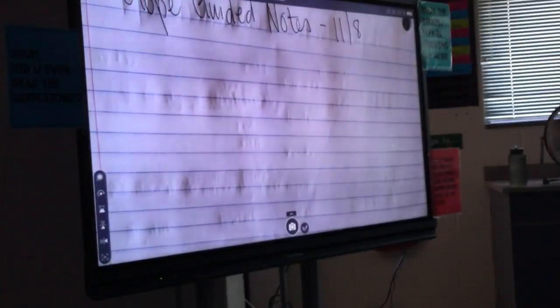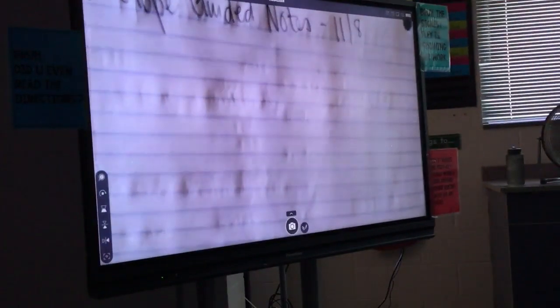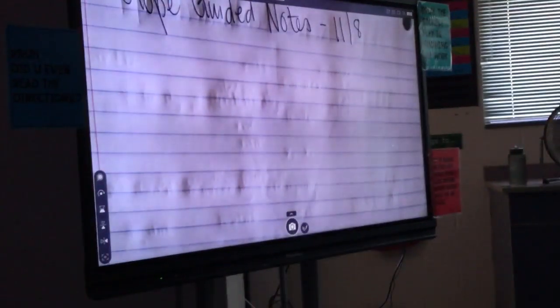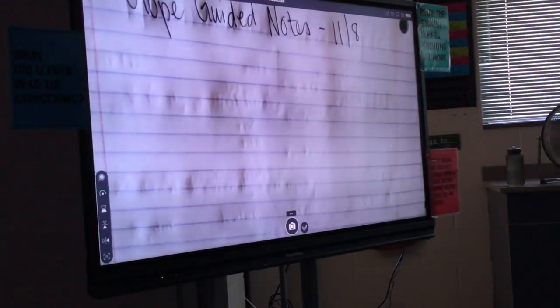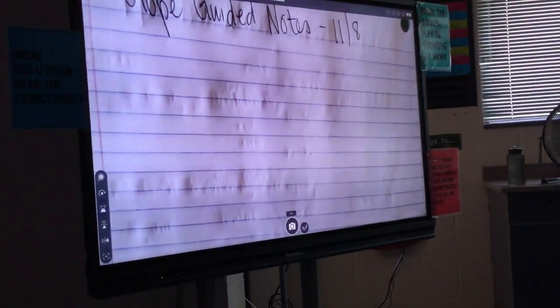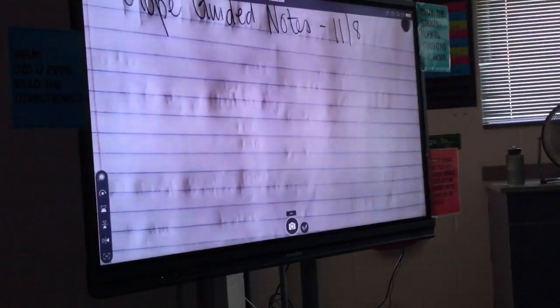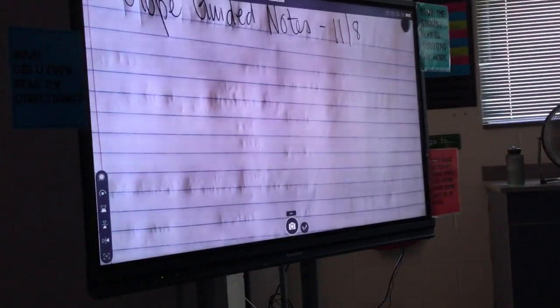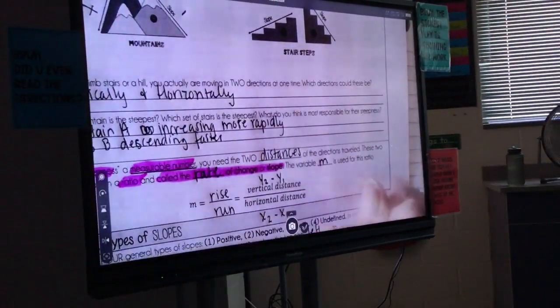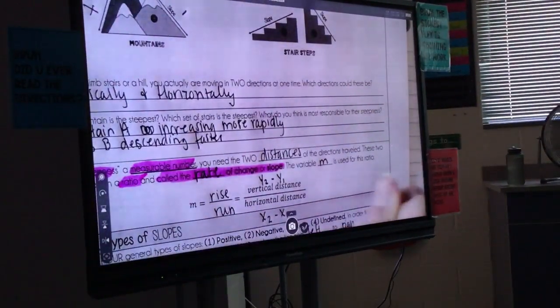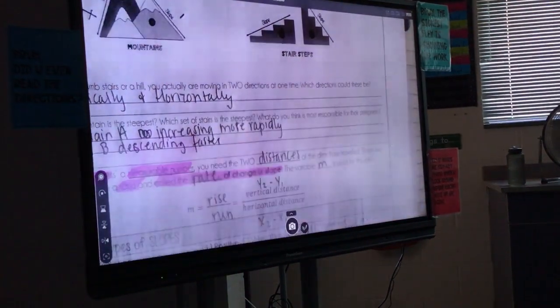No, there's words. In order to decide which type of value the slope will be, you always analyze the line from left to right. Yeah, sorry. Left to right. That's why I keep y'all around today. So left to right. Sorry, guys.